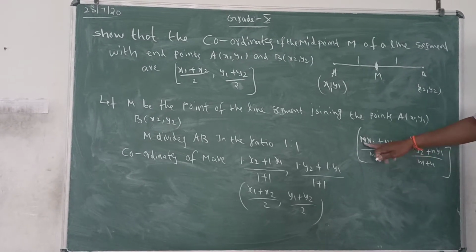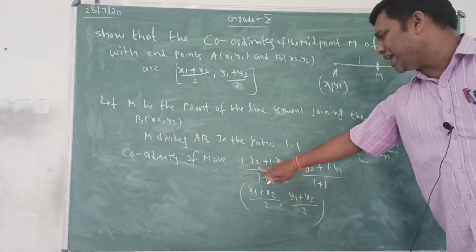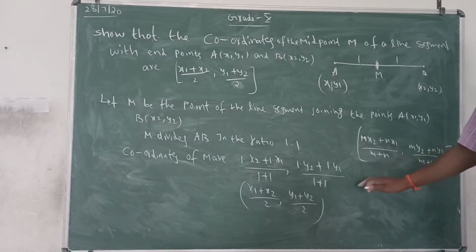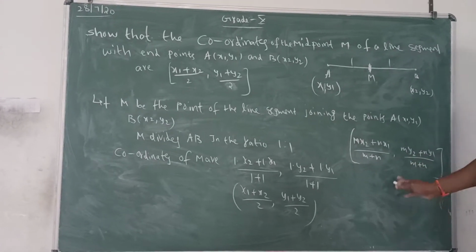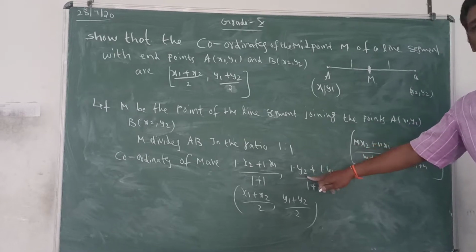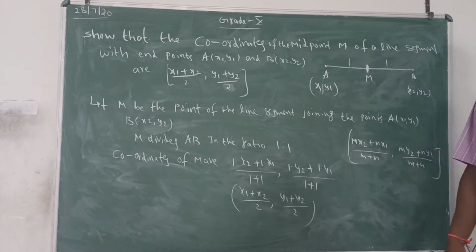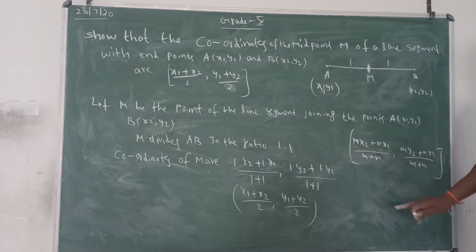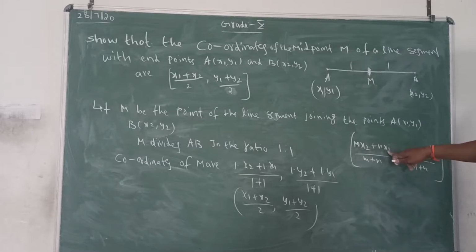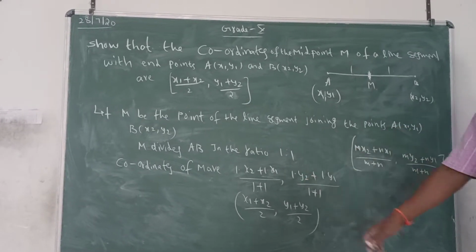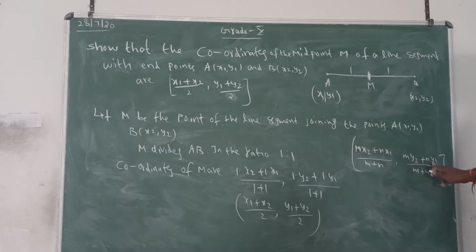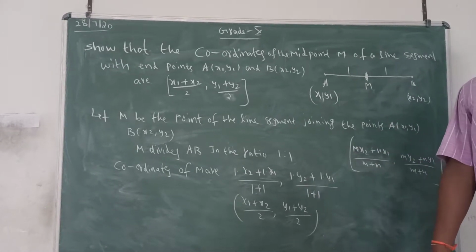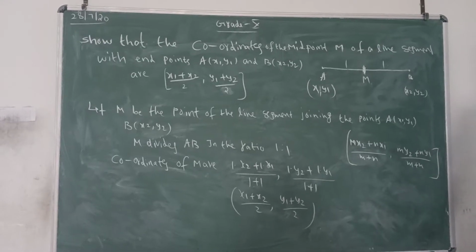Substituting, we get (1·x2 + 1·x1)/(1 + 1), which is (x1 + x2)/2, and (1·y2 + 1·y1)/(1 + 1), which is (y1 + y2)/2. So the midpoint formula is ((x1 + x2)/2, (y1 + y2)/2).